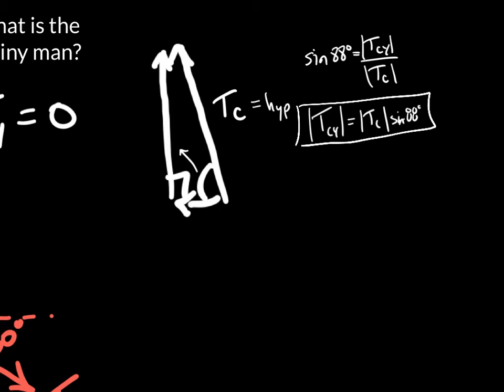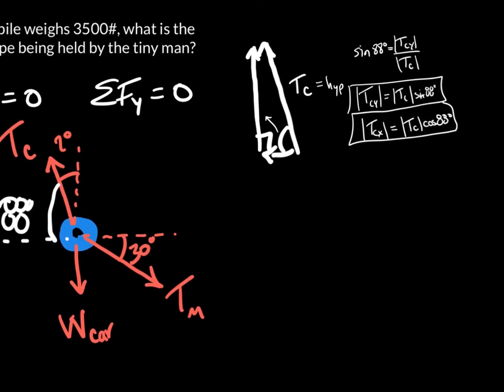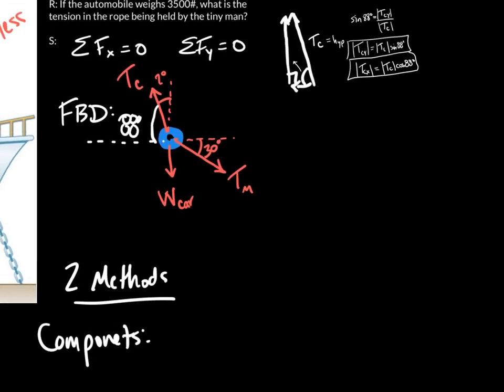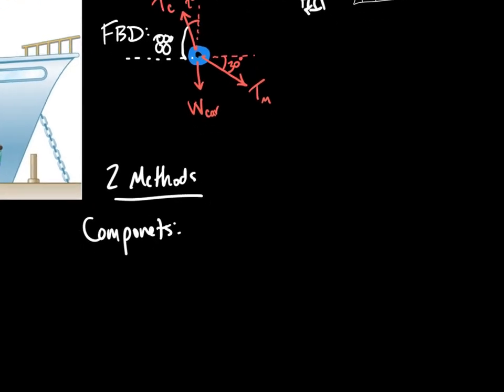Now I'm not going to do the trig for the x, but if you don't know the trig, I recommend you do it. Cosine 88 degrees. So down here, if I'm doing components, I'm going to show all of my things lined up.